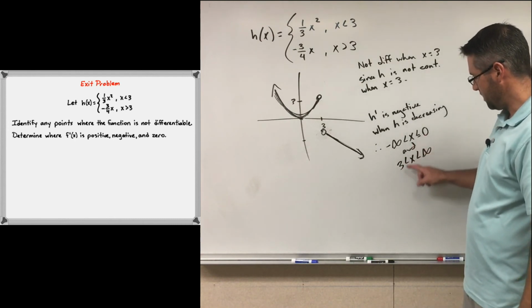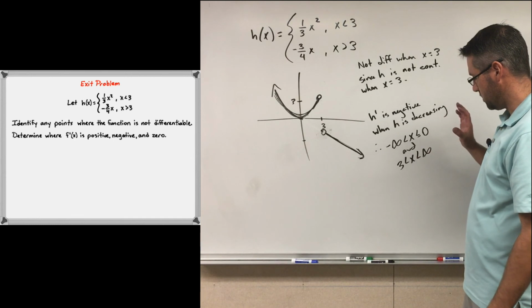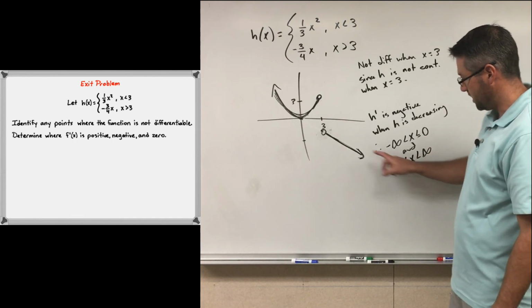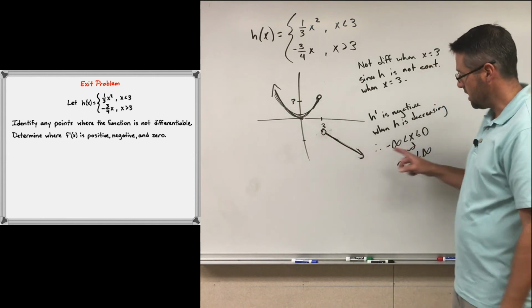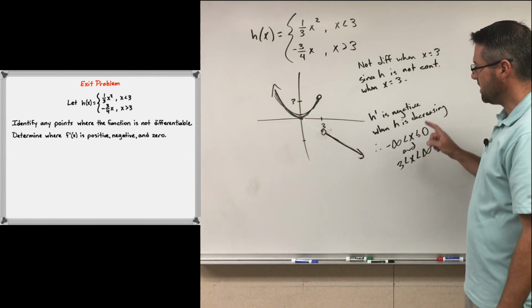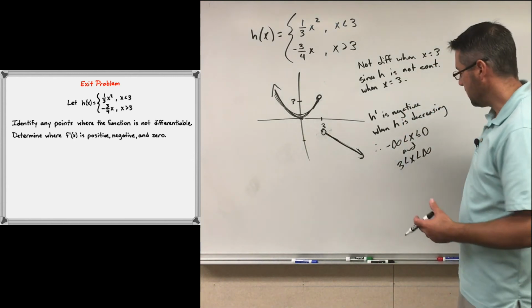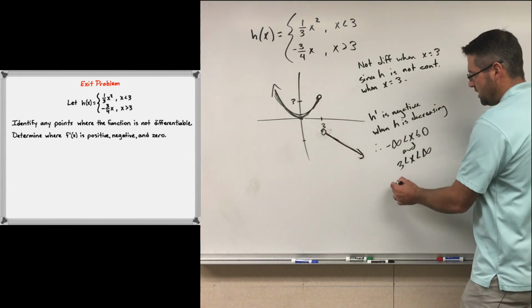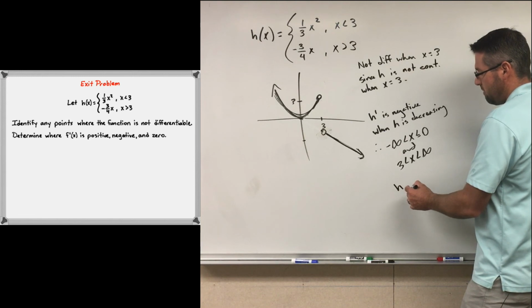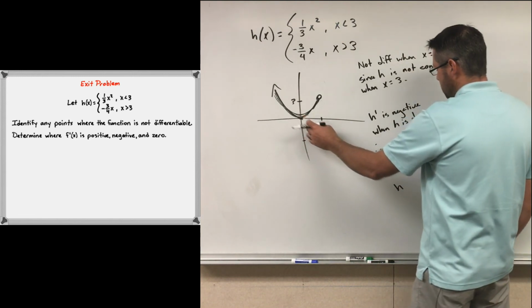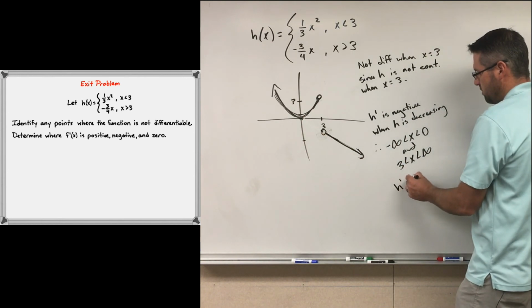Now, the types of inequalities I use here, I'm not going to go into great detail, but this is not equal to because the function just doesn't exist there. This is equal to because of the definition of increasing and decreasing, and we'll get more into that in the future. Actually I guess I could put that there because technically h prime is going to be 0 there.